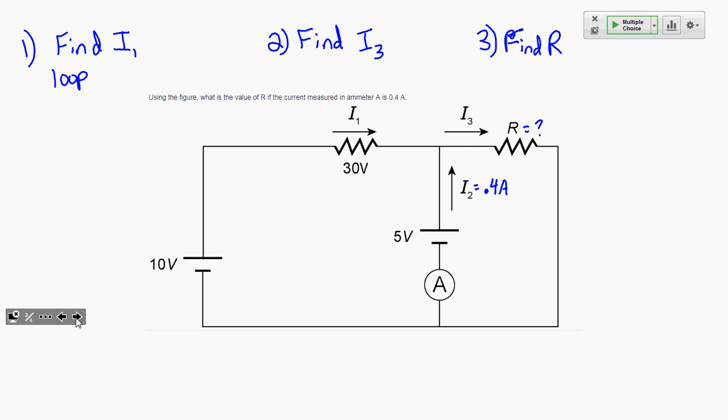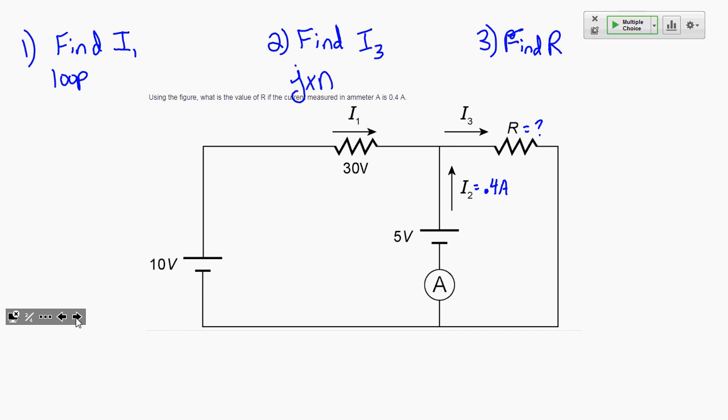But once you find I1, you can find I3. Which of Kirchhoff's rules are you going to use to find I3? The junction rule. Very good. So because you know what I1 and I2 is, I3 is almost trivial to find. So you'll find I3 with the junction rule.